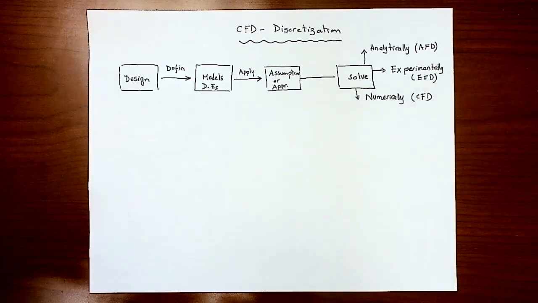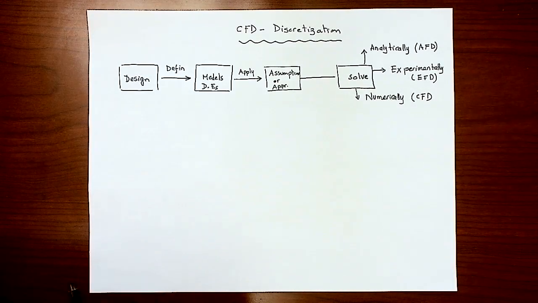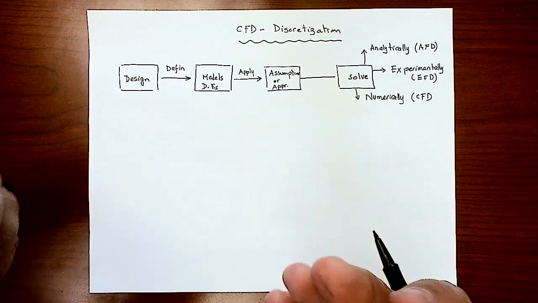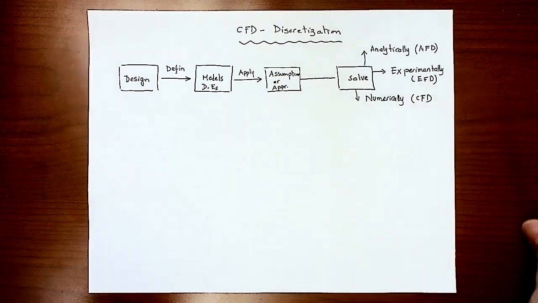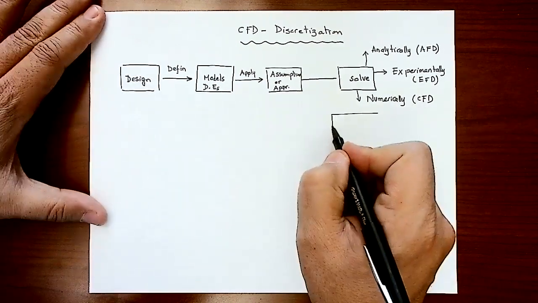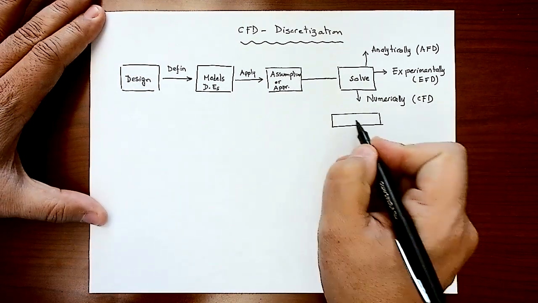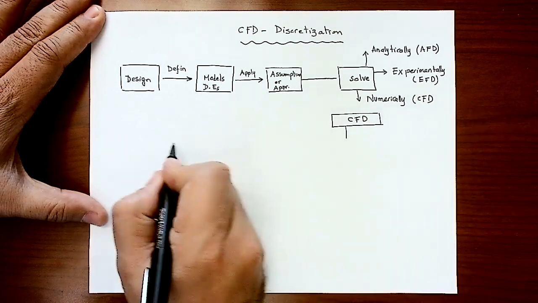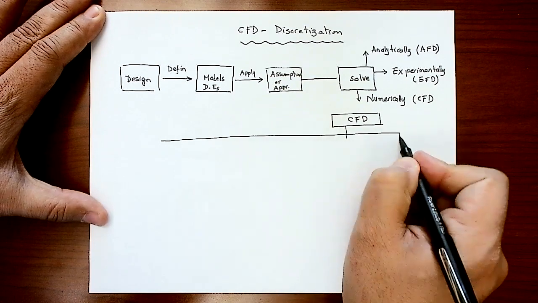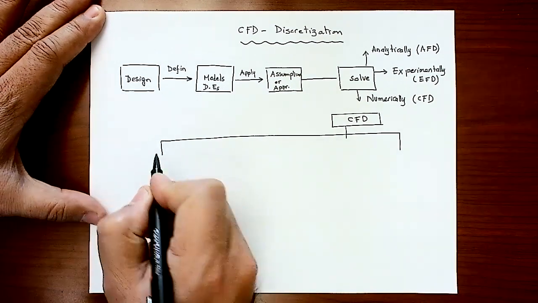To do that numerical approximation or solution for your model to get whatever results you're looking for, you have to do, let me actually make a big box here. This is our CFD. You have to follow the following steps, right? I'm trying to build a flow chart here to summarize what we are doing.